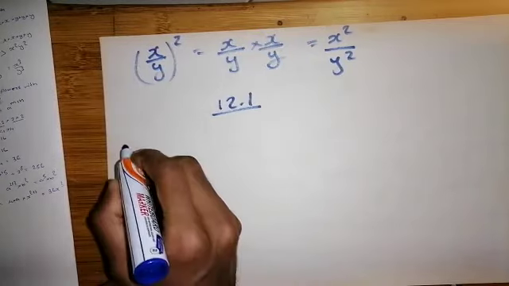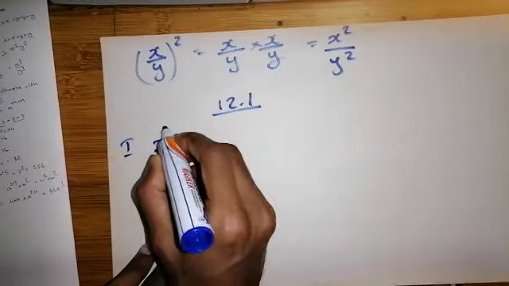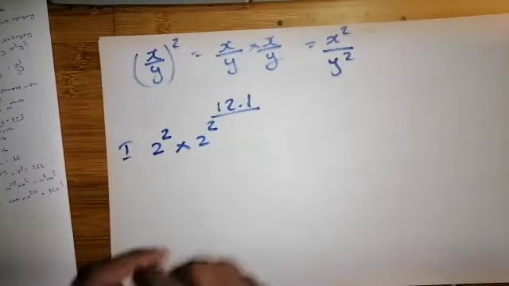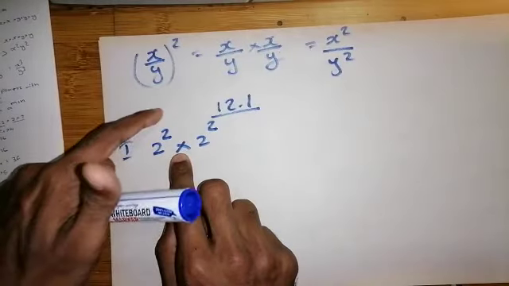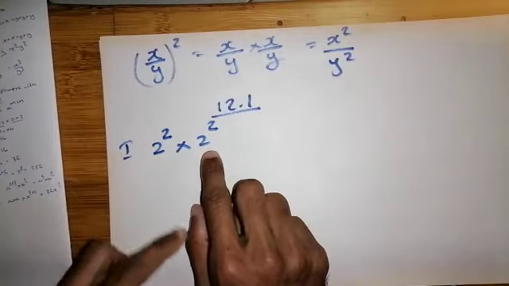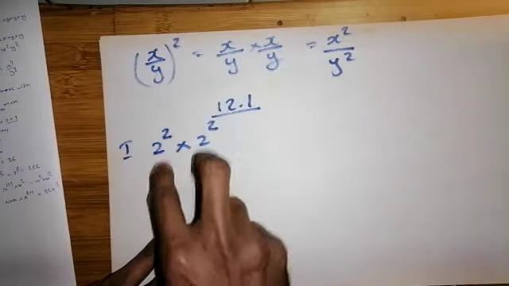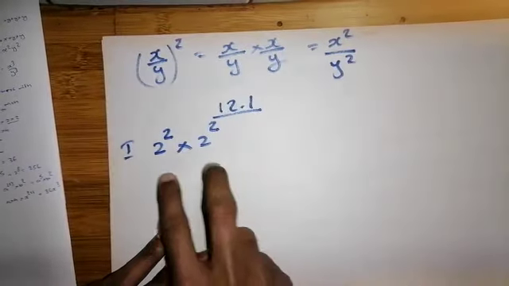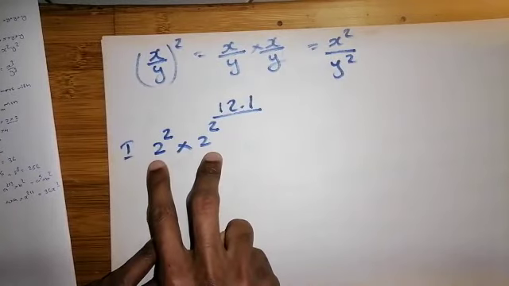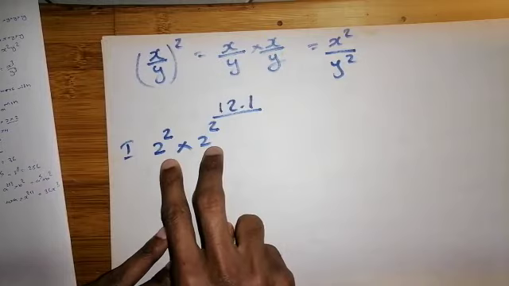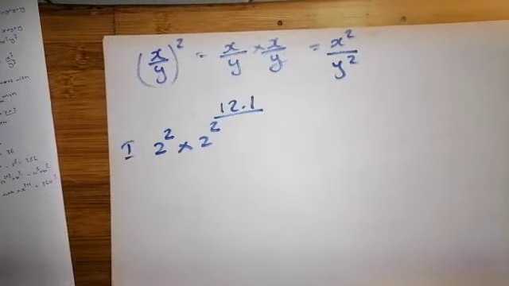We'll take an example, 2 squared into 2 squared. We have a multiplication, and we have power form, 2 squared, but with the same base. Both multiplied numbers have the same base 2. That is our 12.1 heading.